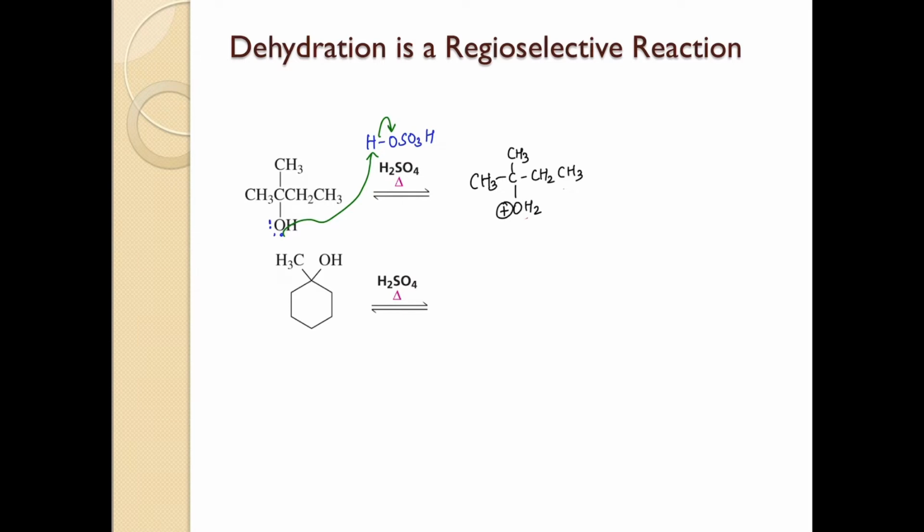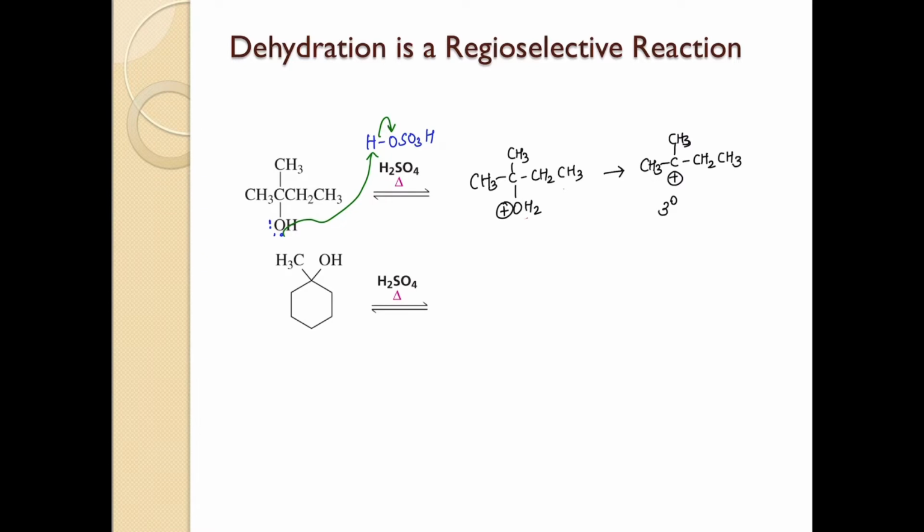Since we are talking about the E1 reaction, the first step is going to be the formation of the carbocation. And here is your carbocation that's formed. Now this is a tertiary carbocation.